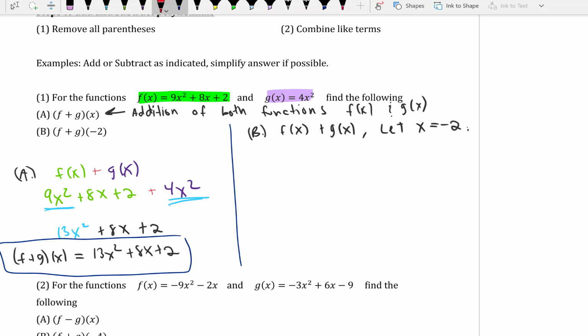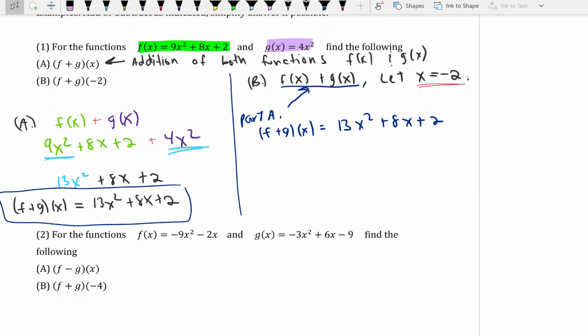Well, you already did the f plus g of x. You did that in part A. Remember, you added f of x plus g of x. So when you added those two functions together, you got 13x squared plus an 8x plus 2. So now it tells you to evaluate when x is equal to negative 2.